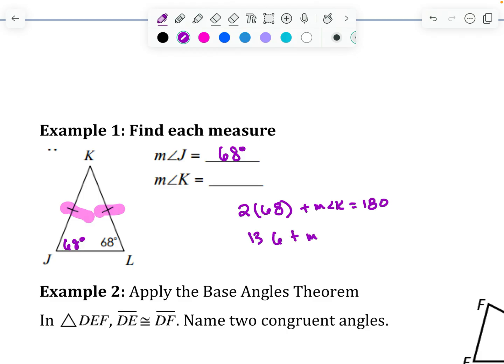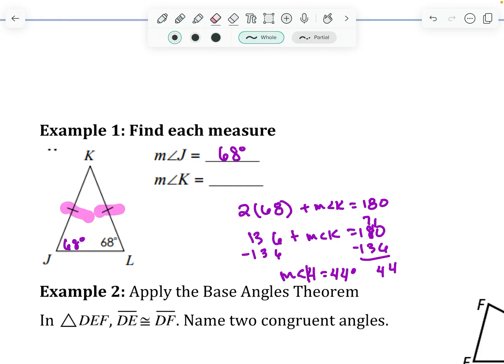So that's 136 plus the measure of angle K equals 180. We can subtract, so the measure of angle K equals 44 degrees.